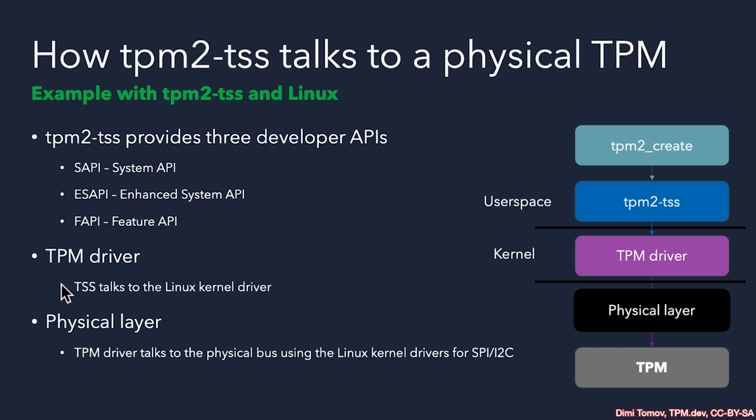Here we have a closer overview of what the TPM2 TSS offers to us as developers, and we've taken Linux and a discrete physical TPM for this example. The TPM2 TSS provides in all cases SAPI, the System API, eSAPI, the Enhanced System API, and FAPI, the Feature API. Now, these three APIs have different qualities, different capabilities, and the logic of building is essentially SAPI allows you to do everything, but you have to do it by yourself. eSAPI takes away some of the manual work that you have to do, so you can do it faster and better.